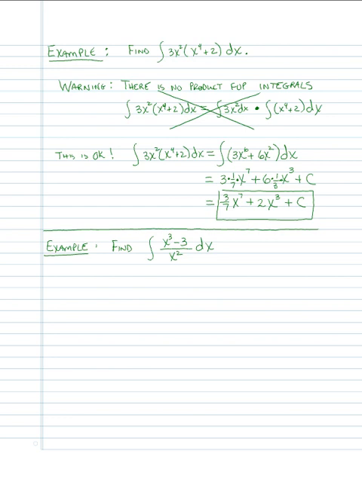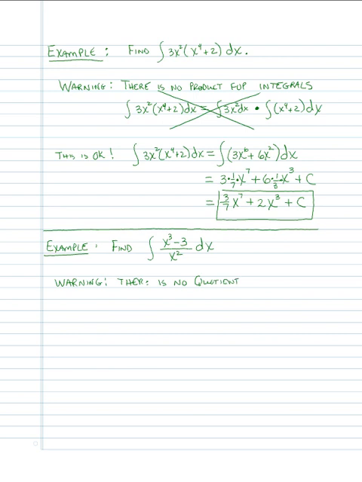Well, here's the next warning, and it's another important warning. There is no quotient rule. Not only have we not talked about it, see, we didn't talk about a product rule for integrals because one doesn't exist. And there is no quotient rule.